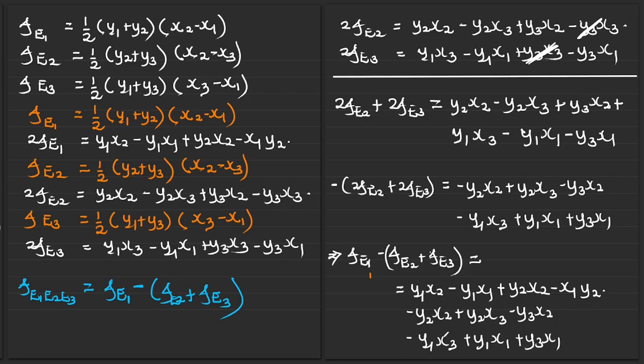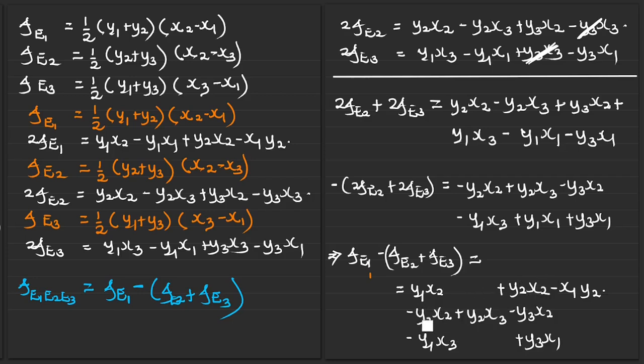Now, if we observe, you realize that there are some opposites we can simply cancel away. For instance, if you take y1 x1, this is a negative y1 x1, this is also a positive y1 x1, so that can cancel out. Then we have y2 x2.